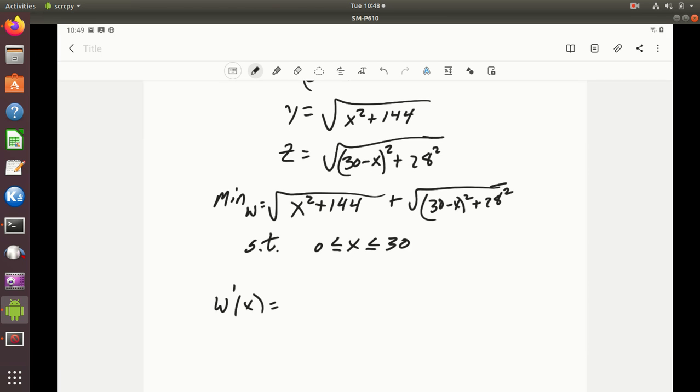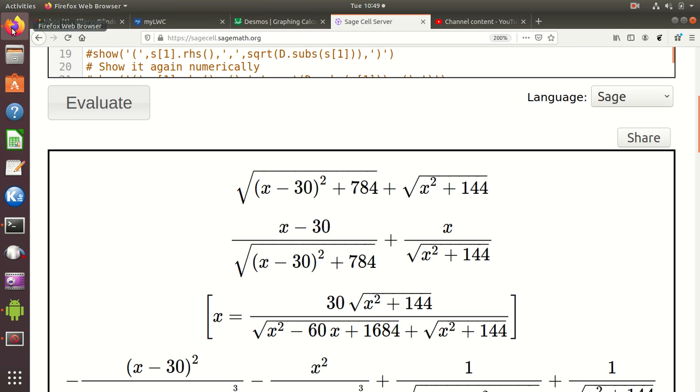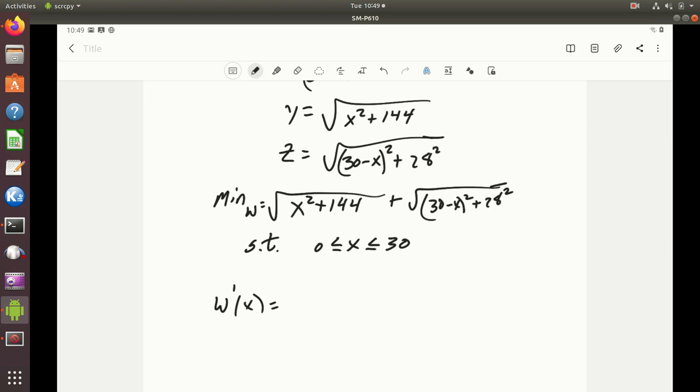And so I'll go back here, and okay, my derivative is, oh, now I don't remember, was it x squared or something? See, my memory is not so good. X minus 30. Okay, so now I've got it. Mind like a steel trap.